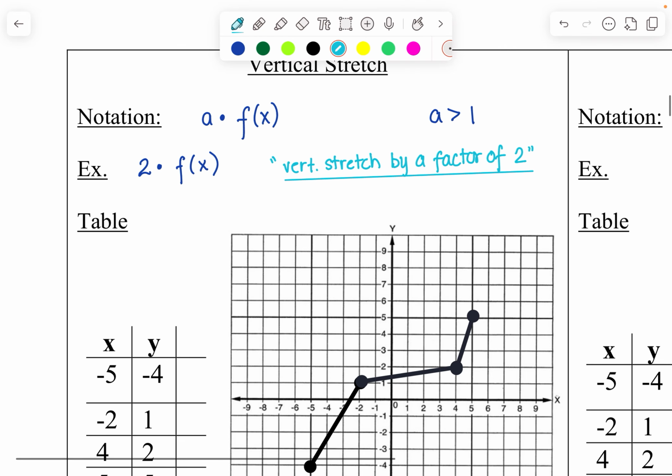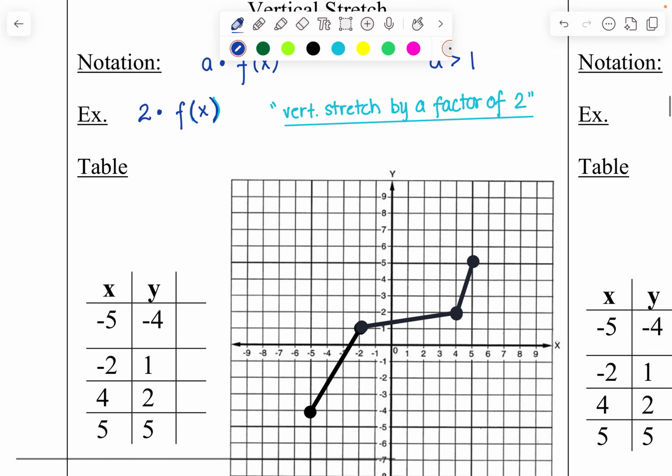Now remember what I said. Anything that happens outside of these parentheses, outside of x, is happening to our y's. So since this is multiplication, we are going to multiply our y values by 2. Make sure you write mult up there.